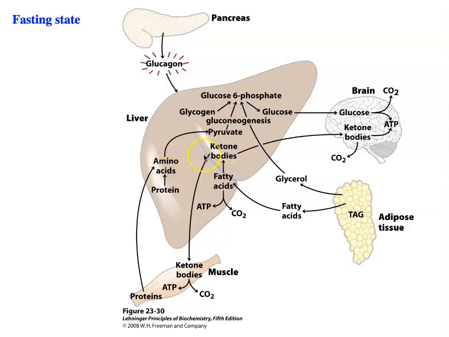It's not shown here, but you know that this happens because we have ketogenic and glucogenic amino acids. Whatever it is, that is the state where you start using proteins for energy, primarily indirectly by converting them into glucose or ketone bodies. So that is what happens in a fasting liver.